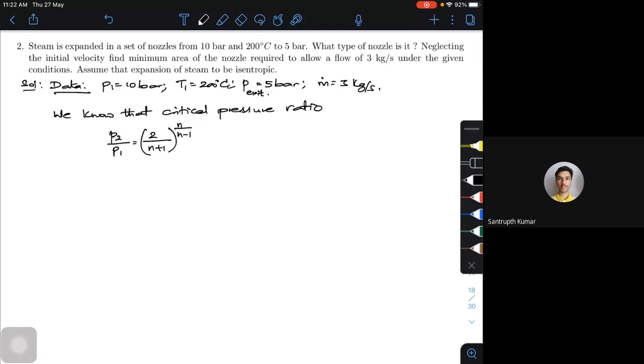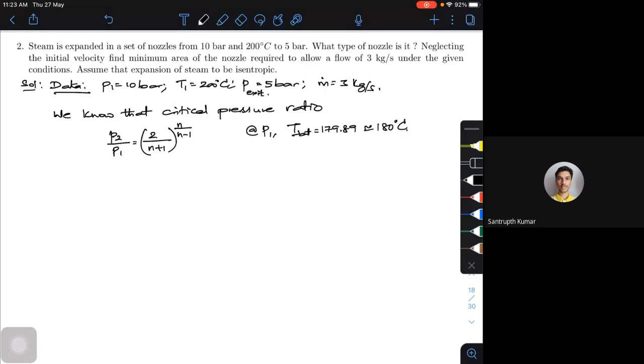So at P1 equal to 10 bar, the saturation temperature, from the ASME steam tables, is 179.89, roughly 180 degrees Celsius.